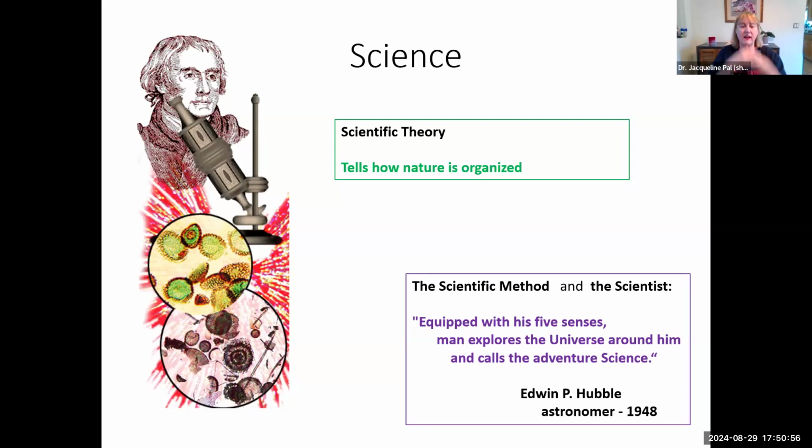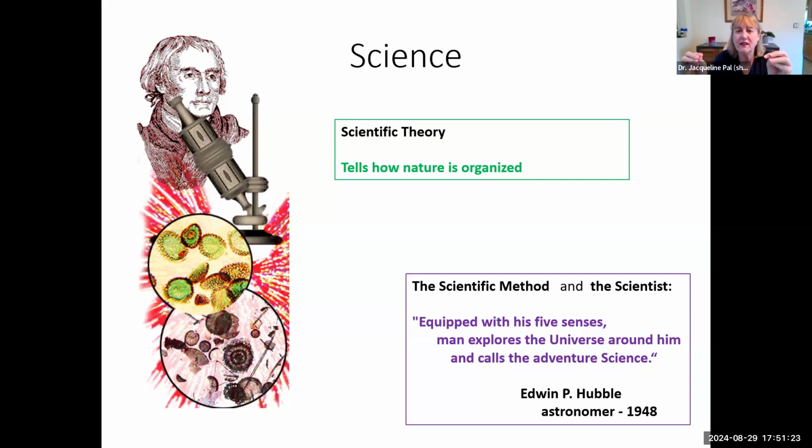Based on that, after we have a whole lot of scientific experiments that show the same thing over and over and over again, and we keep on proving the same thing over a prolonged period of time, then we will say that's a scientific theory. In other words, we think this really is the truth.